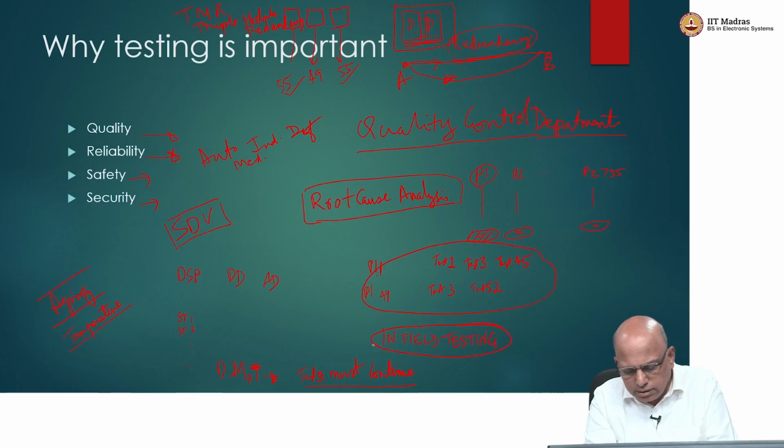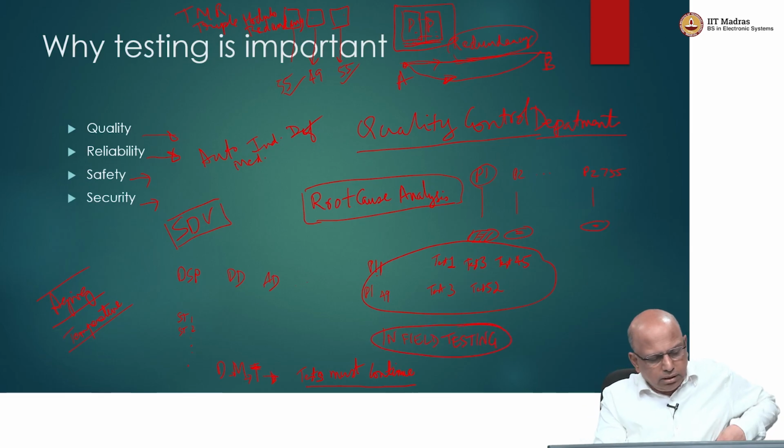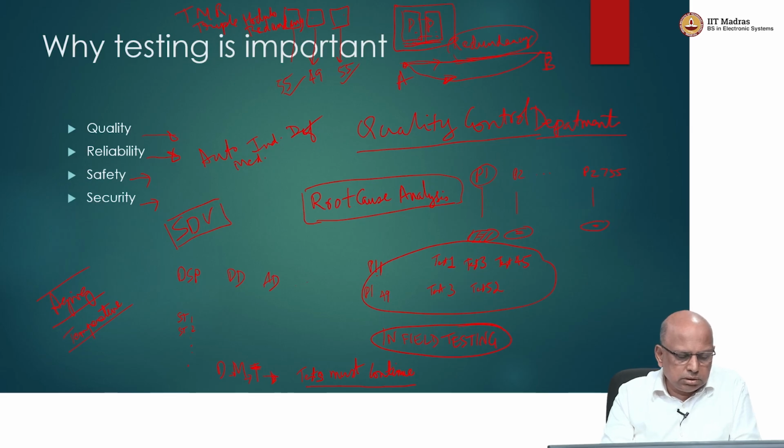What is in field testing? Even when the product has been sold to the customer, the product continues to be tested. For example, it can happen when you ignite the car, there is an ignition, right? In electric vehicles, of course, there is no quote unquote ignition, but you still turn a key.